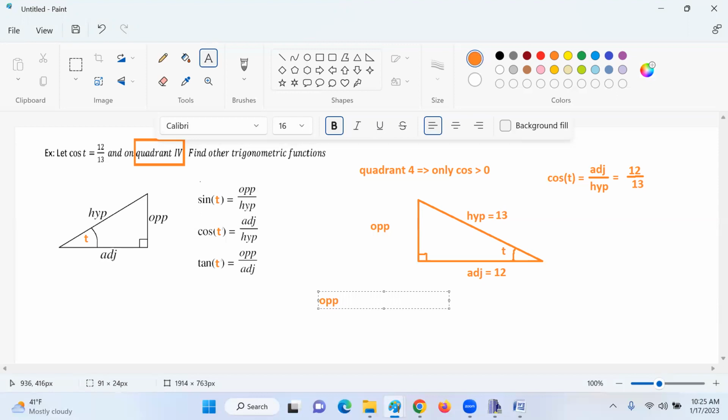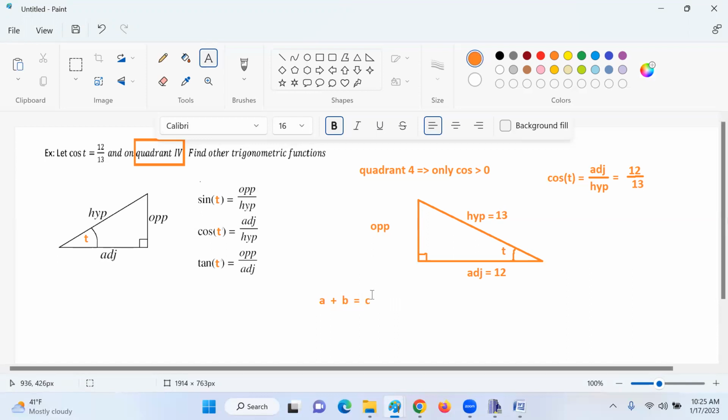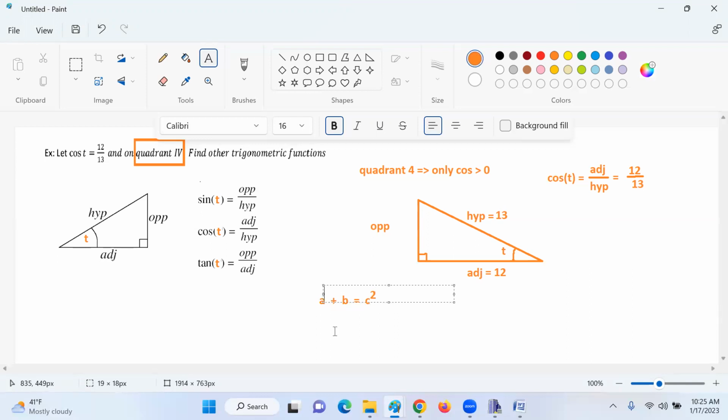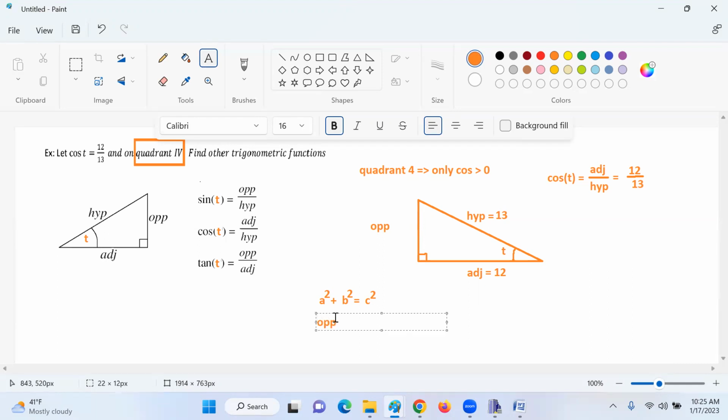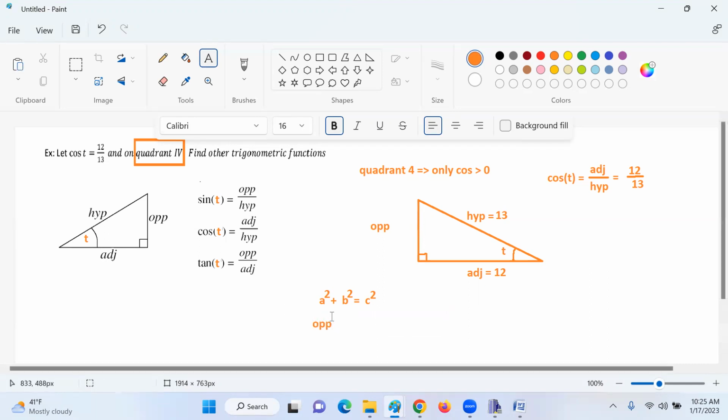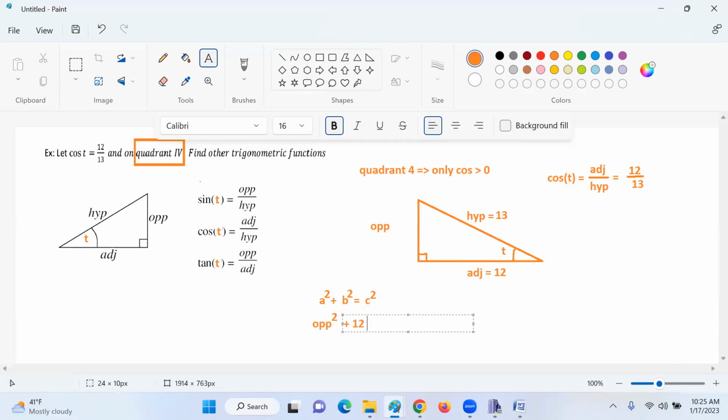We're going to get a squared plus b squared equals c squared because of the right triangle perspective. Now we can take a to be the opposite, so opposite squared plus b squared, 12 squared, which is the adjacent, equals 13 squared.